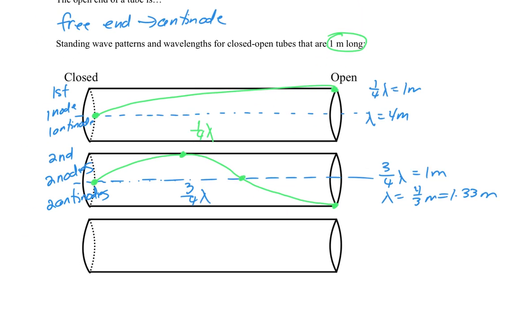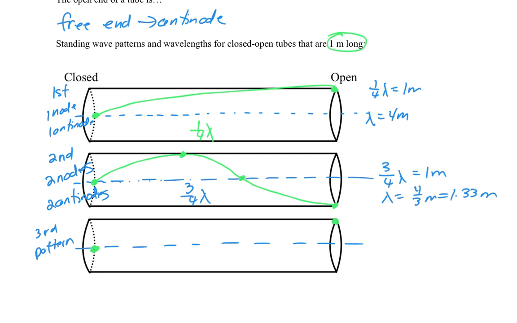And then if we want to draw the third pattern, I can put my undisturbed medium line in there. Obviously, I still have to start with a node on the left at the fixed end or closed end and an antinode on the right.